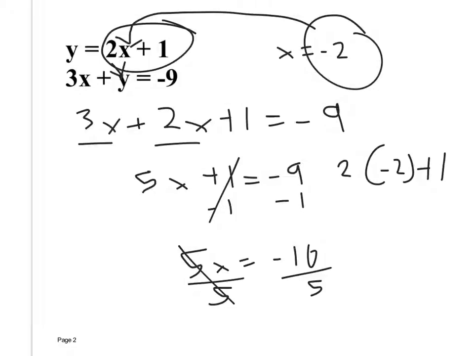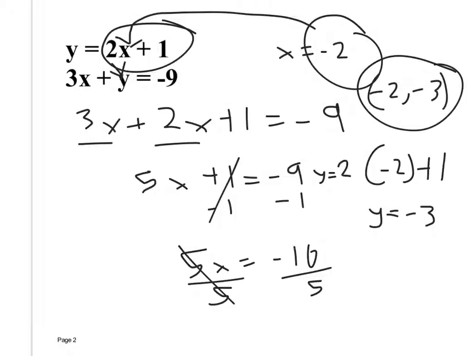I agree. -4 plus 1 is -3. So y is equal to -3. And then my answer, I just combine the two. Put them as an ordered pair: (-2, -3). You can put them in parentheses, and there's your answer.